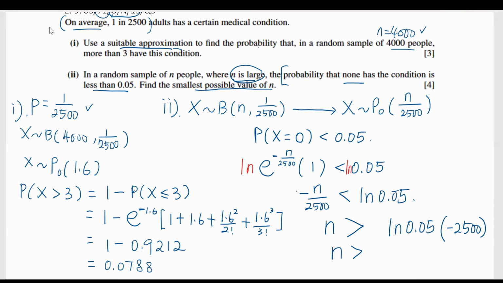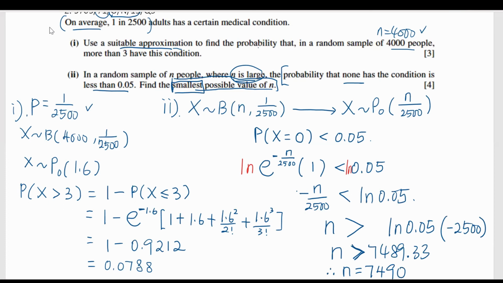So 7489.33. Since n has to be greater than 7489.33, and to get the smallest possible value of n, hence n must be equal to 7490.